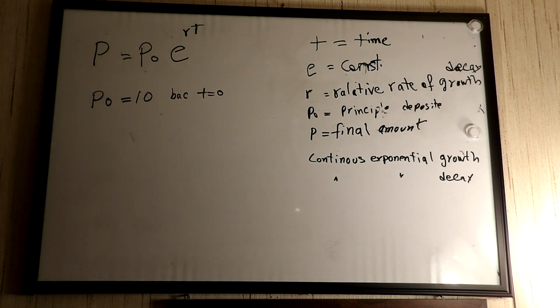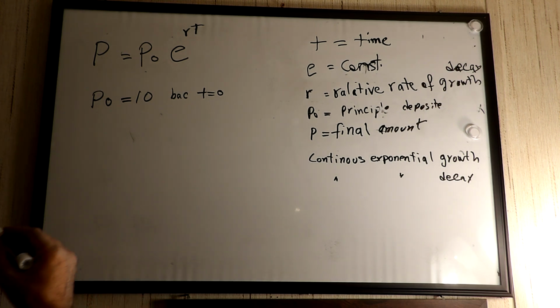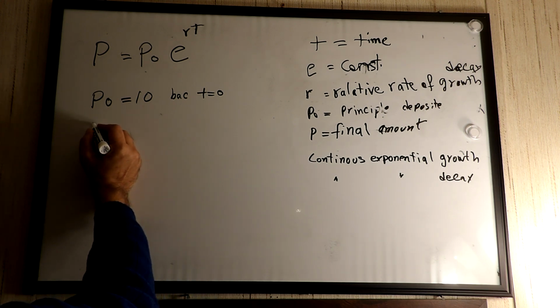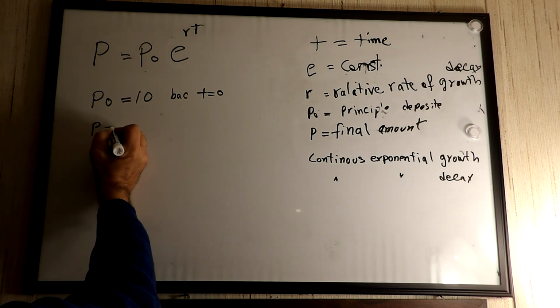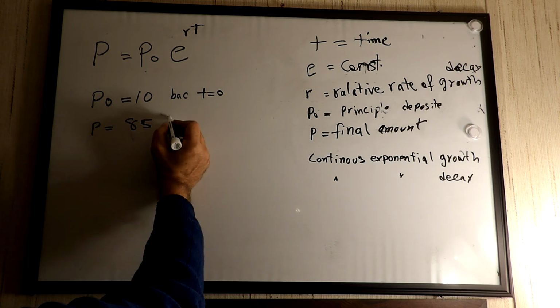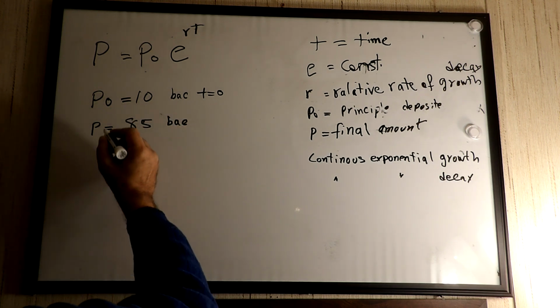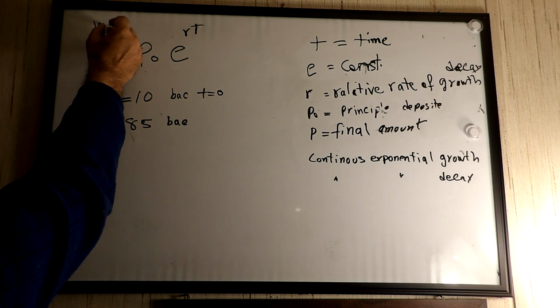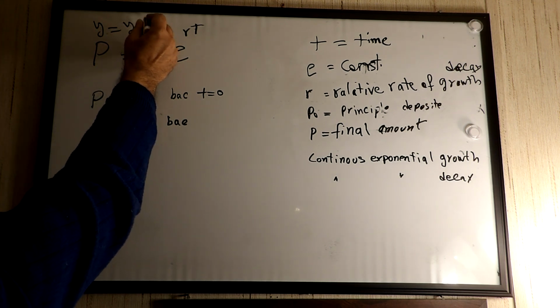At the time t0 we have 10 bacteria, and at the time t we have, for example, 85 bacteria, or sometimes people write it y0 e^(rt).